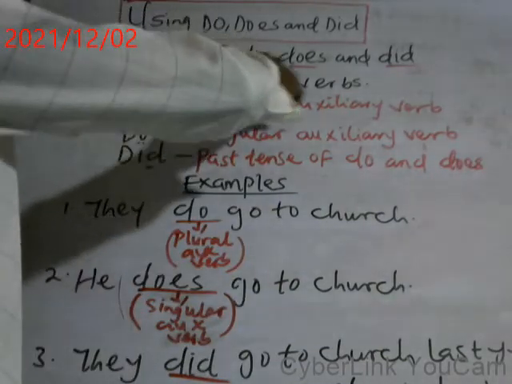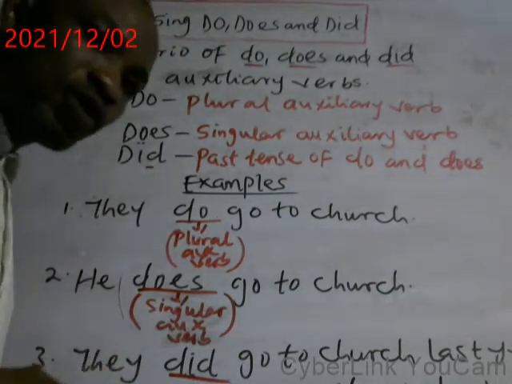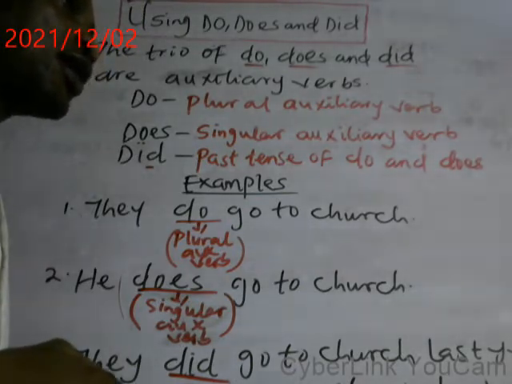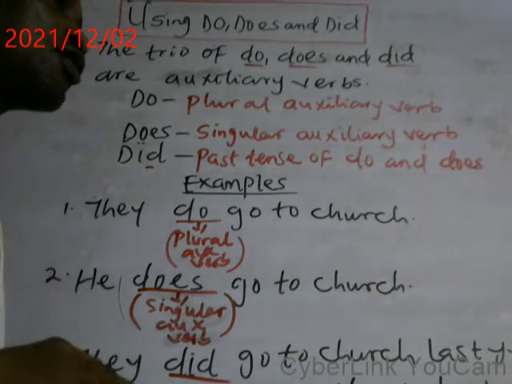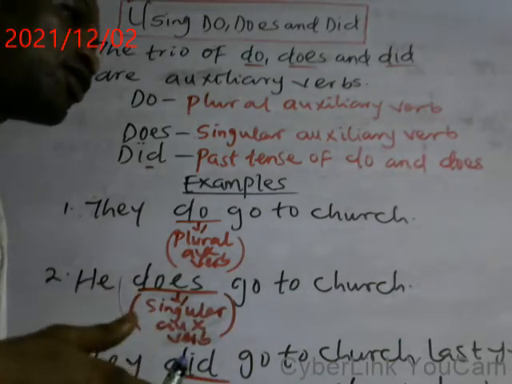Now, how do we use each of these? That is do, does, and did. How do we make use of them in context? Context that I'm talking about is in the practical aspect of it.